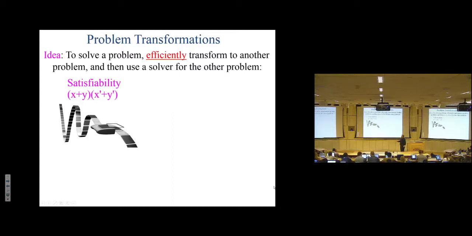These are all Boolean variables, x and y and z or whatever. And the question again is there a way to make the whole formula true? I don't want the formula to be true all the time for any assignment necessarily, but is there at least one assignment that will make the whole formula true? That's it. That's the problem of satisfiability. So some functions are satisfiable, others are not.